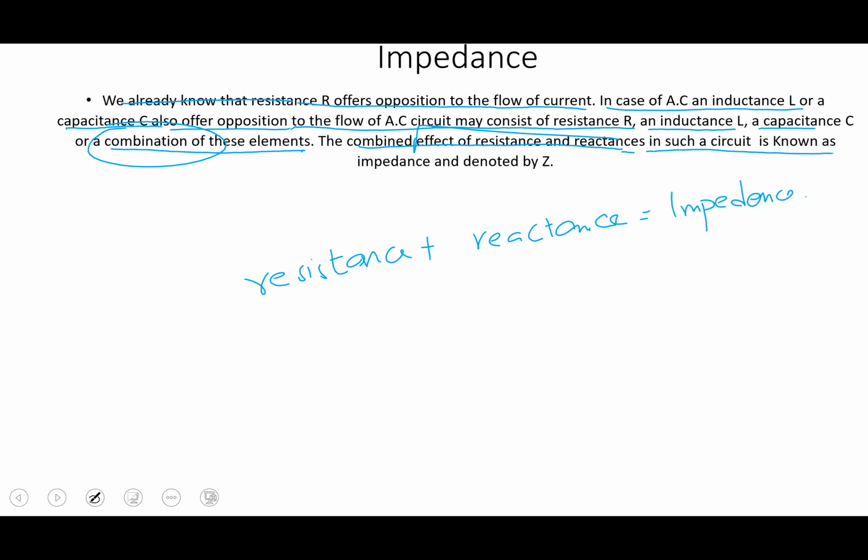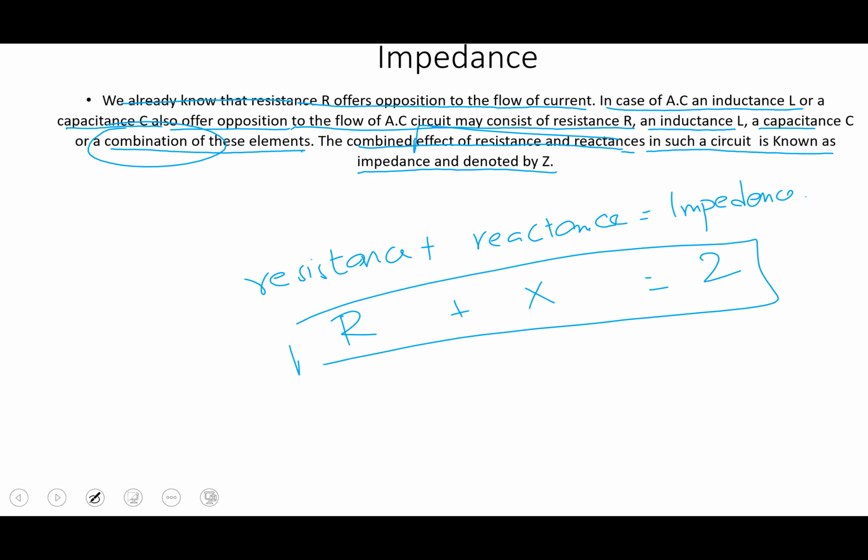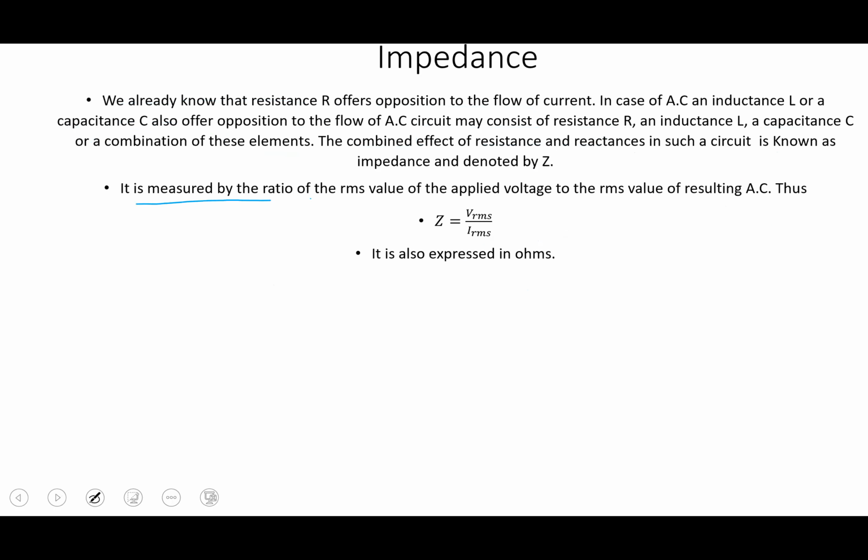In such a circuit it is known as impedance and denoted by Z. That means resistance is R, reactance is X, and the impedance is Z. It is the ratio of the RMS value of the applied voltage to the RMS value of the resulting alternating current, thus Z is equal to Vrms divided by Irms. It is also measured in ohms. That means the unit of impedance is also the ohm, because it is a resistance or opposition to the flow of charge.